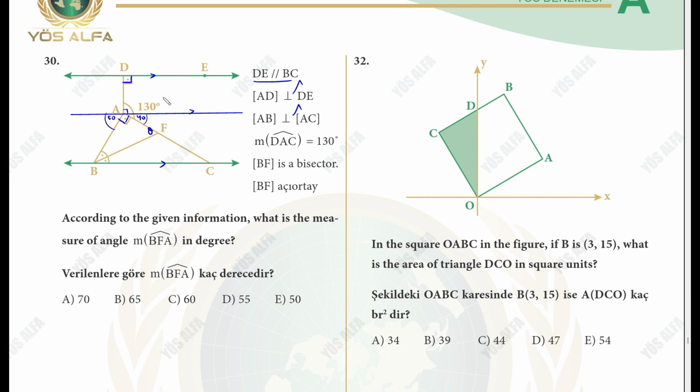And since this blue line and the green lines are parallel, we have a zigzag going on here. So if this is 50, this is also 50. So since BF is a bisector, we have 25 on each side of the BF. So since this is 25 and that is 90, theta is 65.